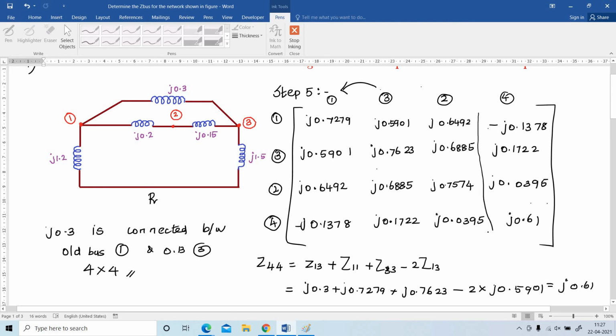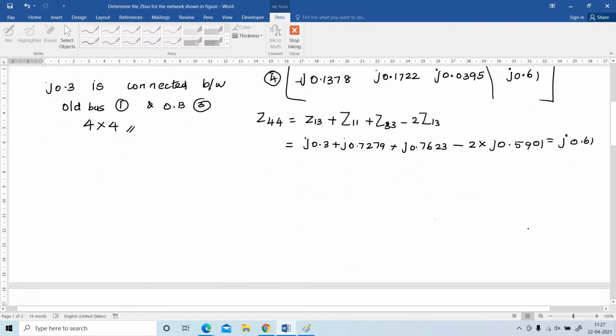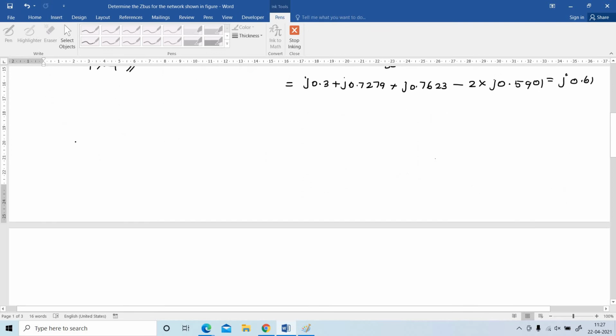So last column and last row element should be eliminated. How to eliminate this? 1 by J 0.61.